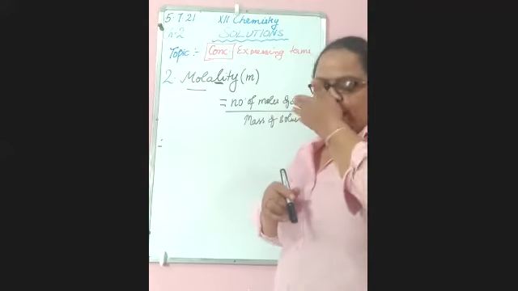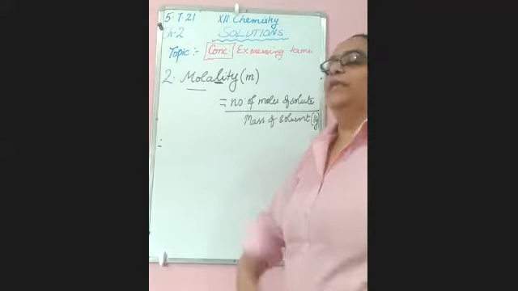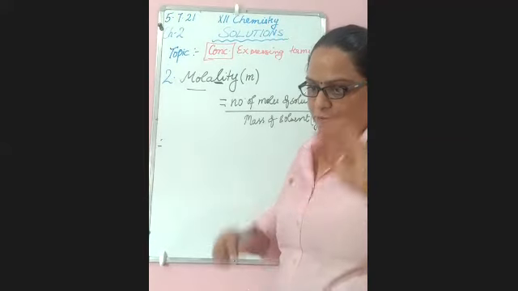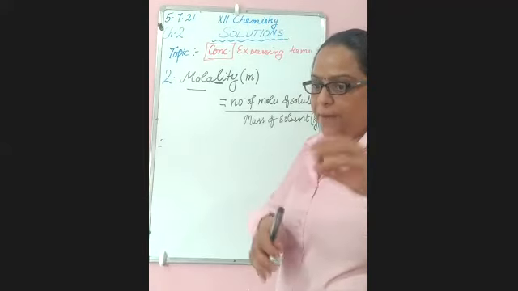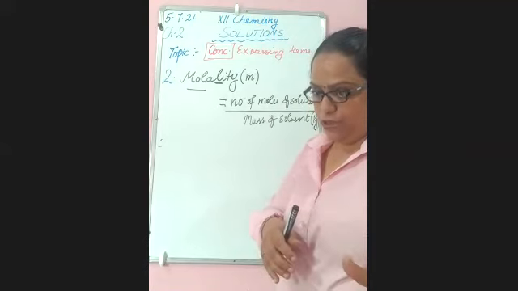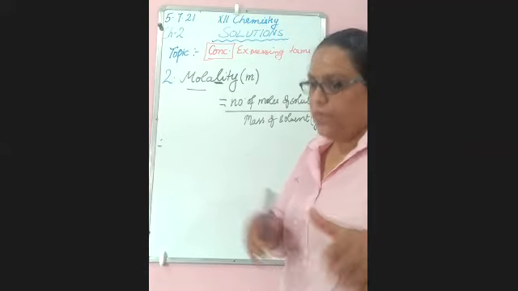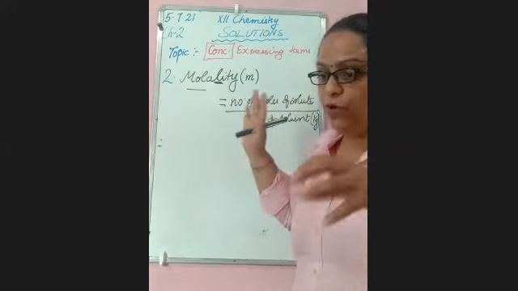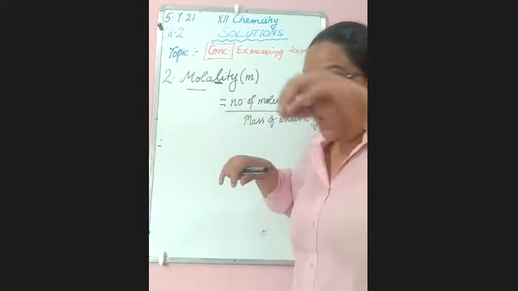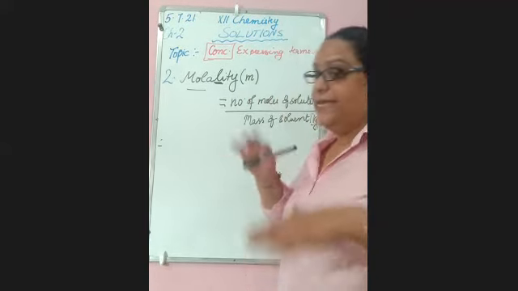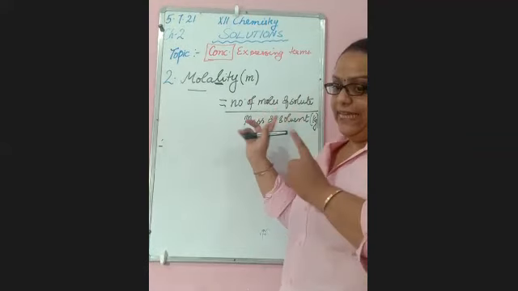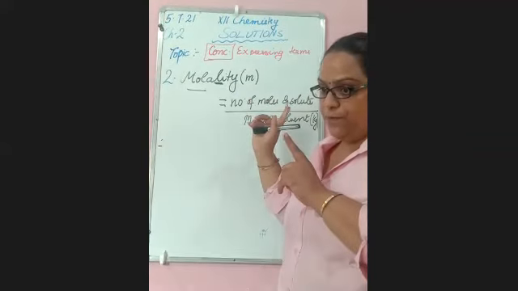See, in the case of molarity, it was the number of moles of solute present per liter of solution. Here it is the number of moles of solute present per kg mass of solvent. In this, no volume is included.